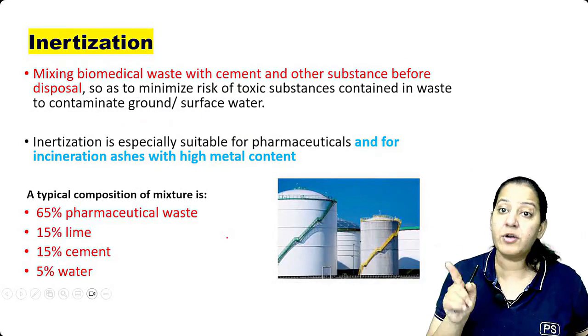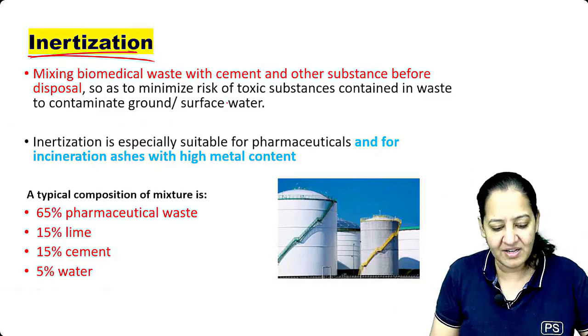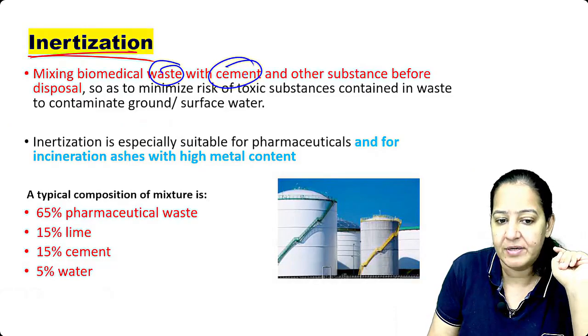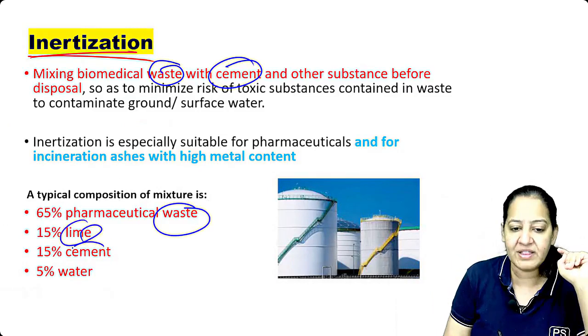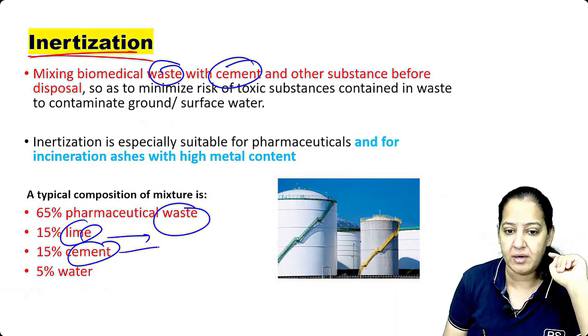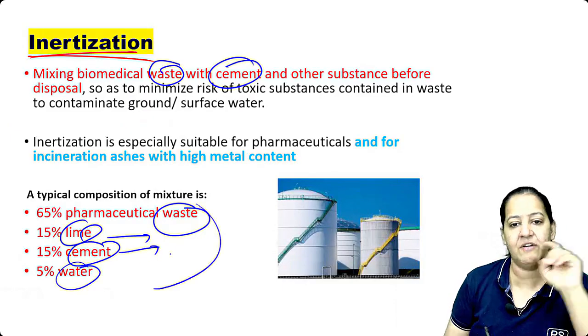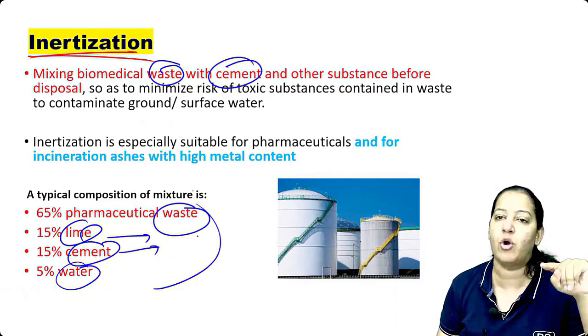The most important one, on which questions come and which you have to remember, is inertization. What is inertization? Mix the biomedical waste with lime and cement. Lime means chuna, and cement is cement. And water. So that it will become non-infectious and non-toxic. The toxic waste is converted to non-toxic by this method.